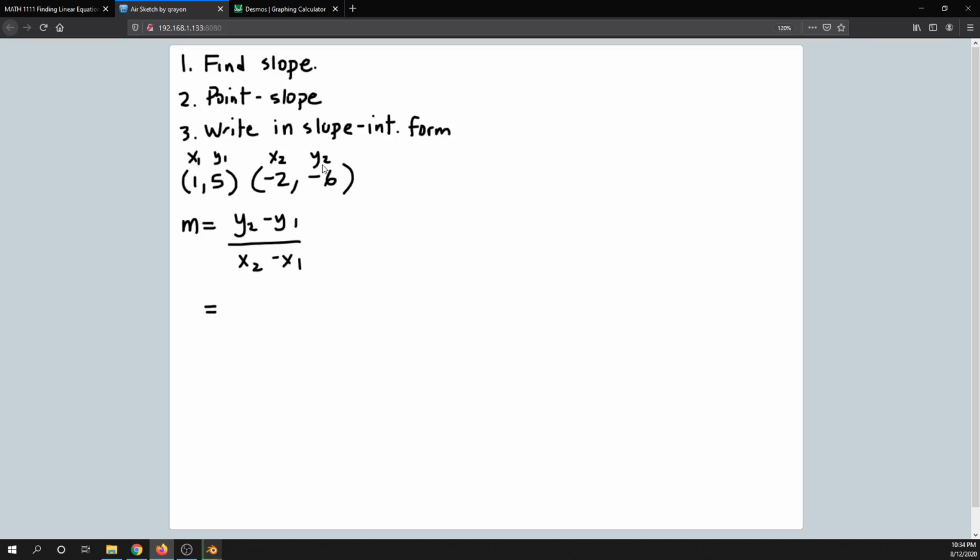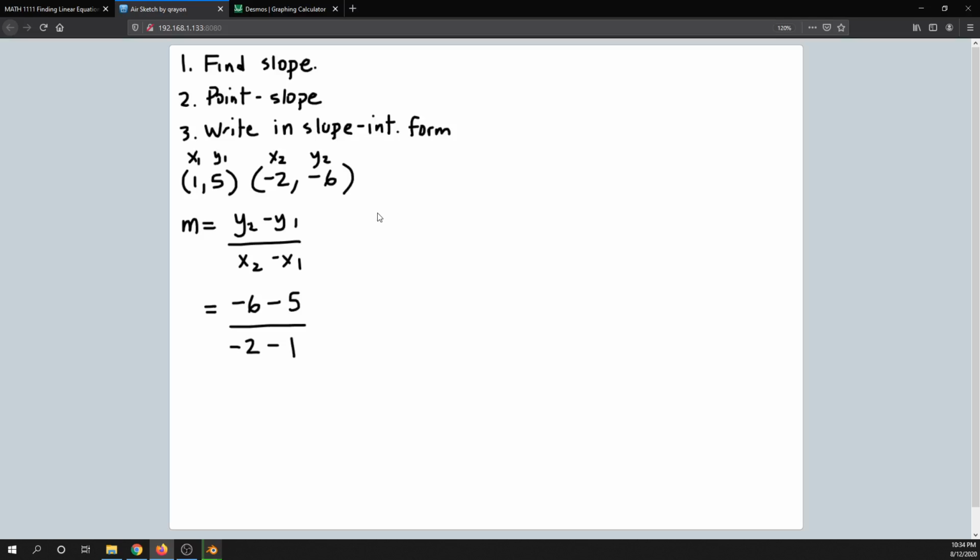So y2 is -6, minus y1, which is 5. x2 is -2, and x1 is 1.